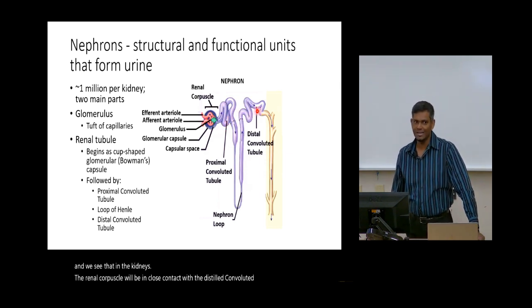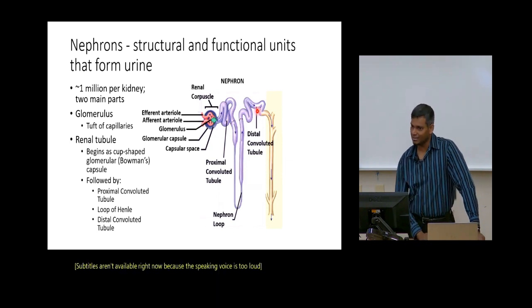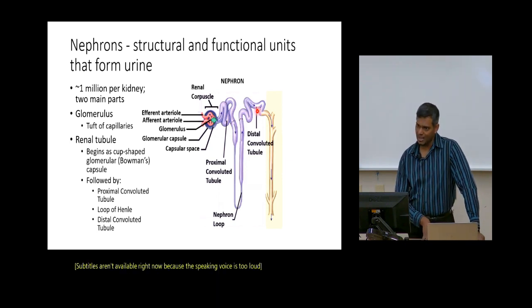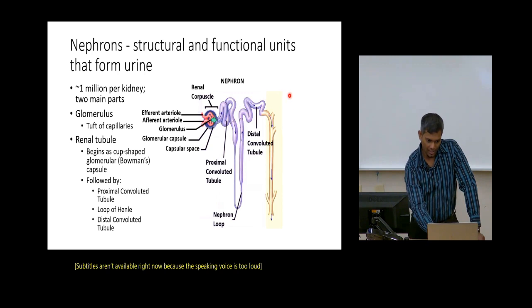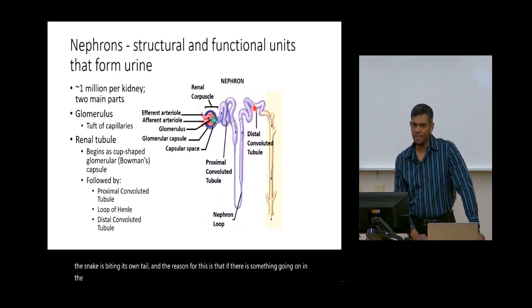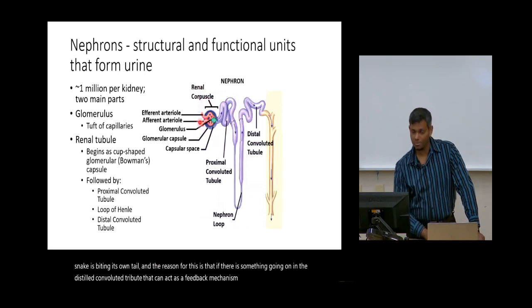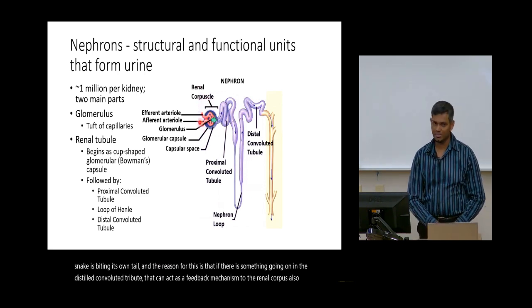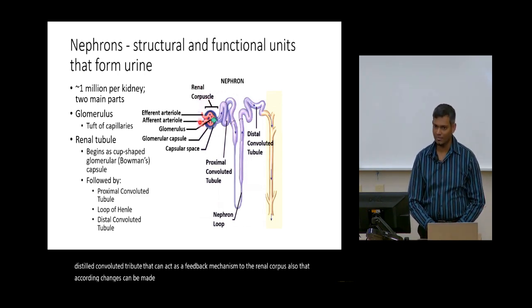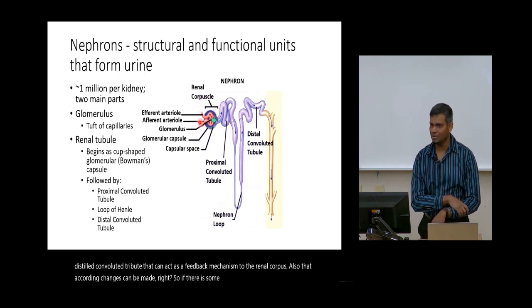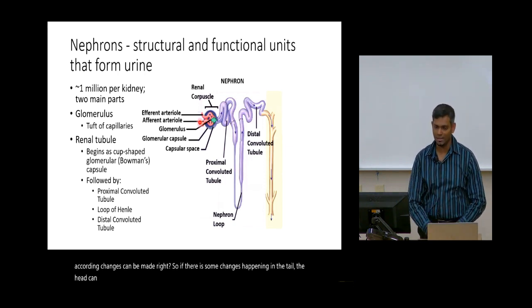It's kind of like the snake is biting its own tail, right? And the reason for this is that if there is something going on in the distal convoluted tubule, that can act as a feedback mechanism to the renal corpuscle, so that accordingly changes can be made, right? So if there are some changes happening in the tail, the head can detect it and it can make the necessary changes.